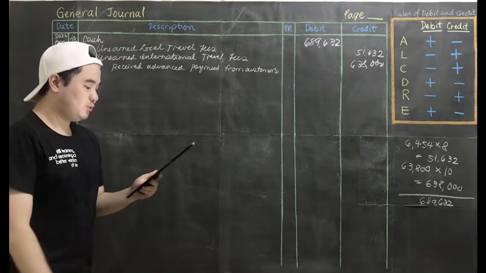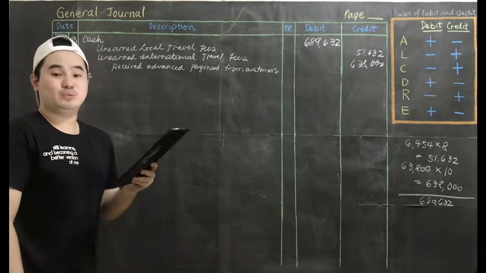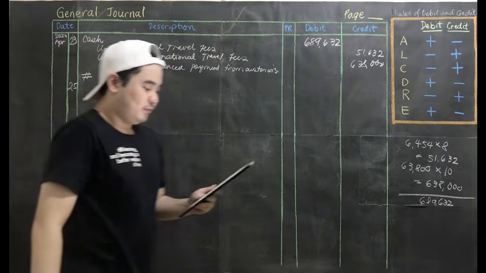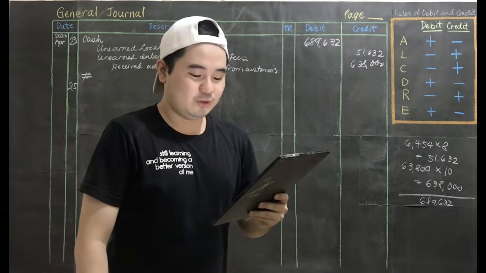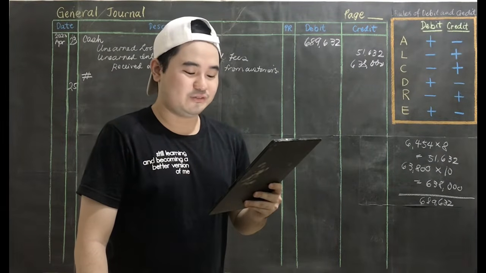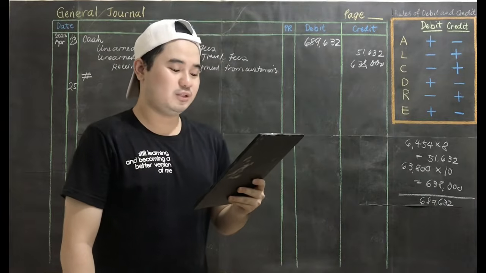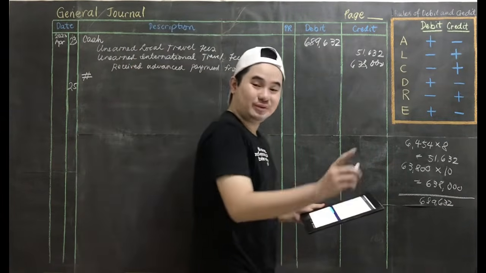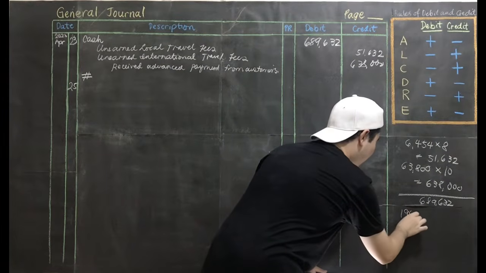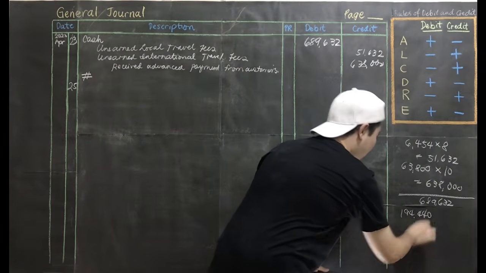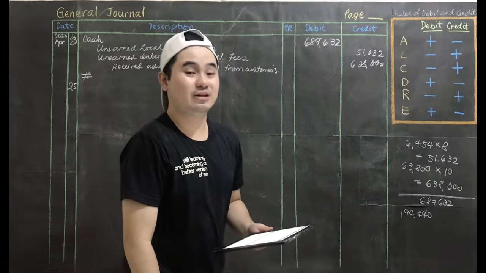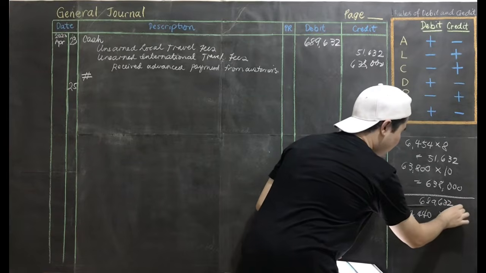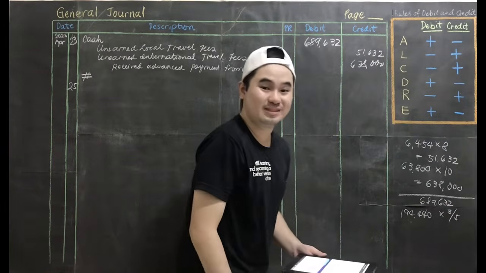Okay, let's continue with April 25. Received payment from 3 customers of the Wonderful Soul Tree, 5 days, 4 nights, plus Gyeonggi-do Day Tour who went to South Korea on April 18. Ilang tao yun? 5. So, compute natin ulit. 194,440. Di ba 5 tao yan? 38,888 isa. Pwede natin siya i-multiply ng 3 persons na nagbayad over 5 persons na total.